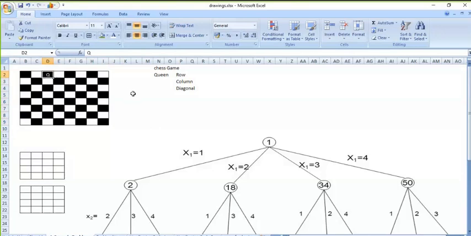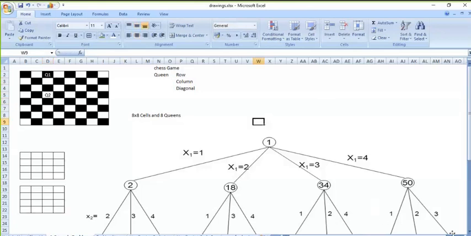Suppose the chessboard consists of 8 cross 8 cells and 8 queens. Assume that a queen is over here, let me denote it as q1, queen 1, and suppose I keep another queen over here, say q2.